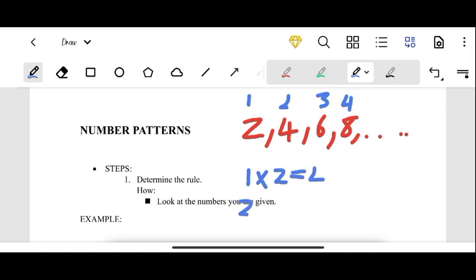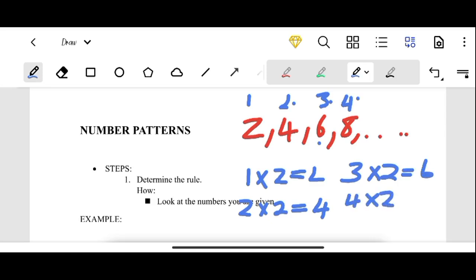If I say 2 multiplied by 2, I'm going to get a 4. If I say 3 multiplied by 2, I'm going to get a 6. If I say 4 multiplied by 2, I'm going to get an 8. So we can simply say another rule is multiply by 2, right?